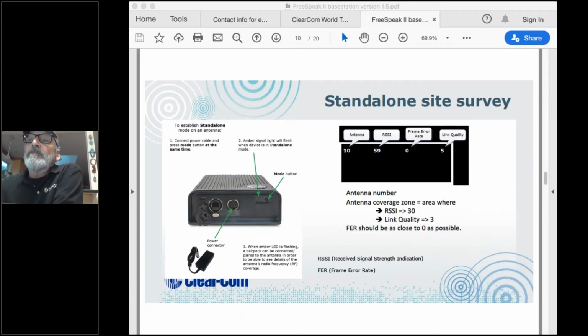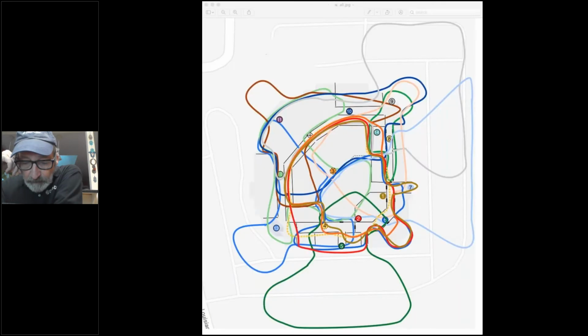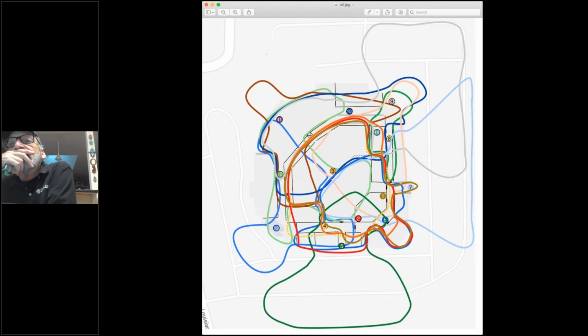Rob, in preparation for a sale to a large church, we did exactly that. We went to the church and we put the belt pack out there and we plotted where the best signal was for every location where we thought we might want to put an antenna.